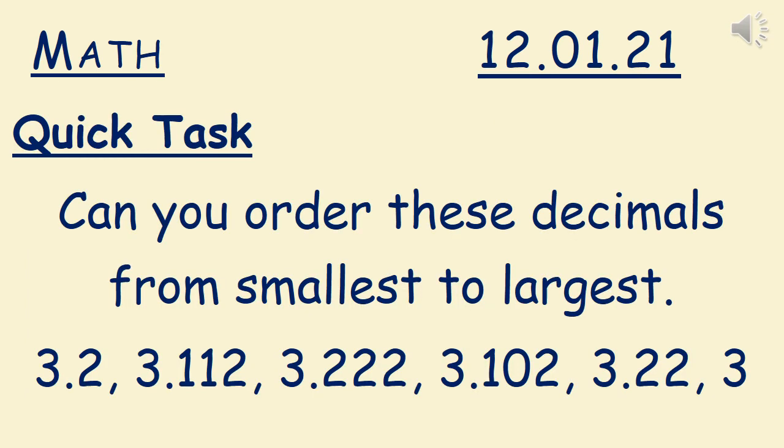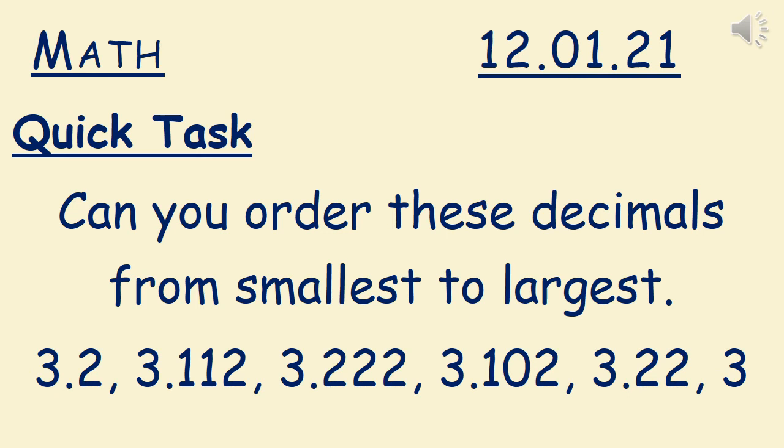Time for another quick task. I'd like you to order these decimals from smallest to largest. You can either use a place value grid or a number line. It's your choice. So the numbers are 3.2, 3.112, 3.222, 3.102, 3.22 and 3.